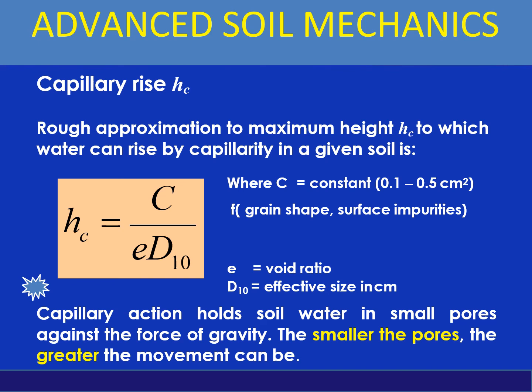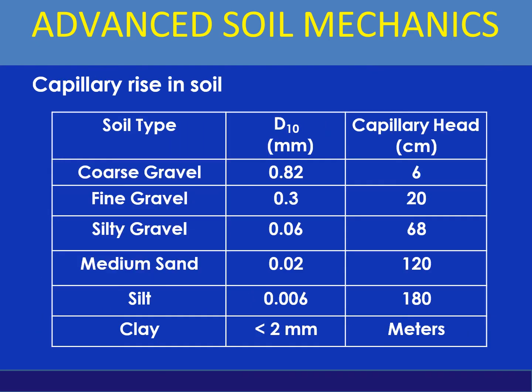Capillary action holds soil water in small pores against the force of gravity. The smaller the pores, the greater the movement can be. So you can see capillary rise in different soils, and the capillary head or capillary rise is more with the decrease of size of the particles.